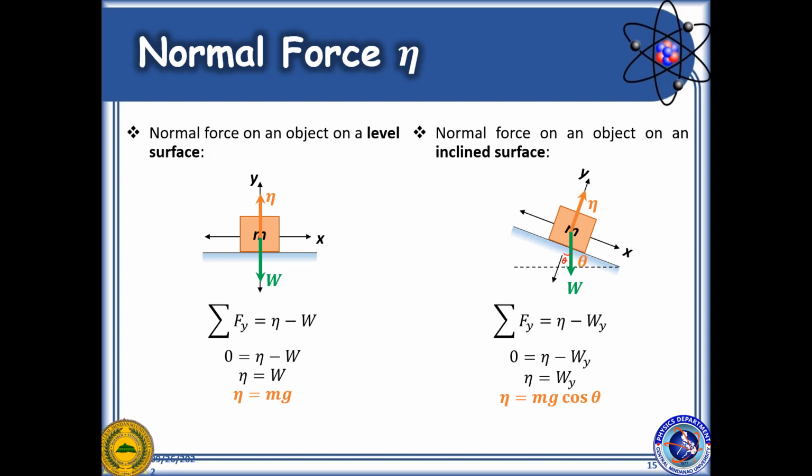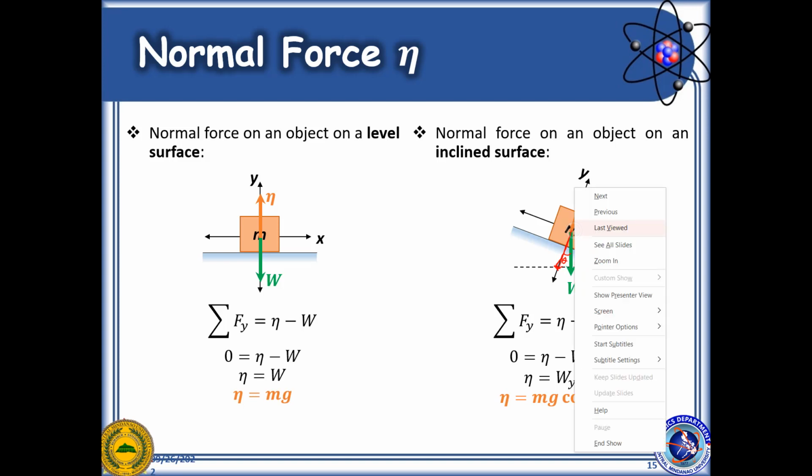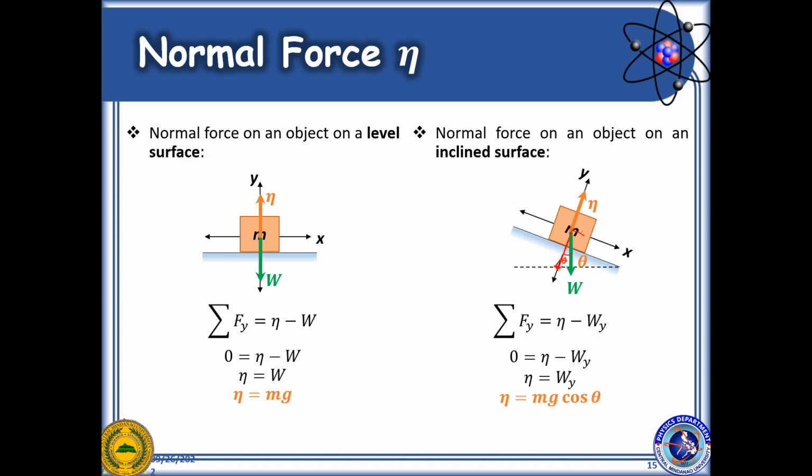So we have here the y component of the weight. And the weight also has an x component that is going to the right. So we have the component of force along the y and the component of force along the x.